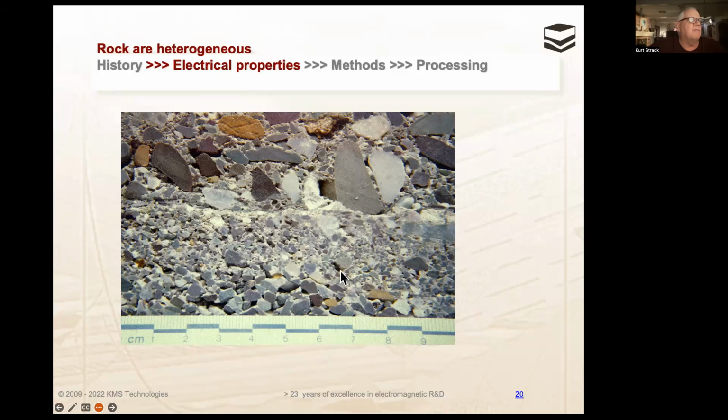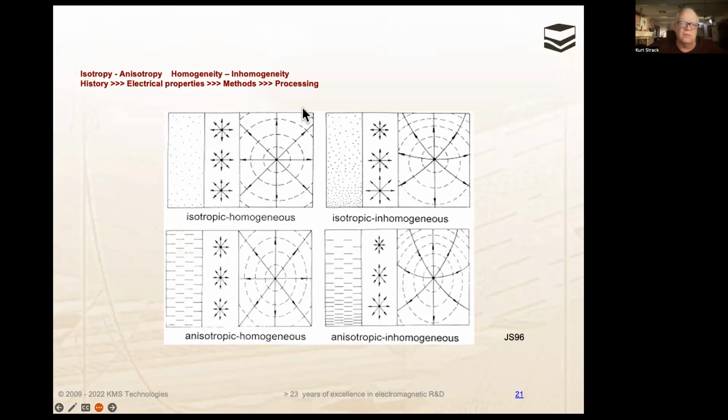You can see we have a layer here, we have a layer there, and this is then a coarser layer. So the deposition by rivers and runoff from mountains gives you automatically layering. And layering leads to anisotropy in a transverse isotropic direction. That means in the horizontal direction, it is isotropic, but in the vertical direction, it's anisotropic.